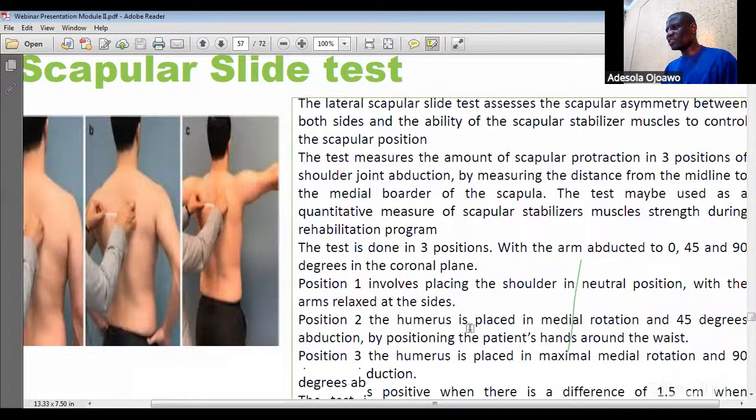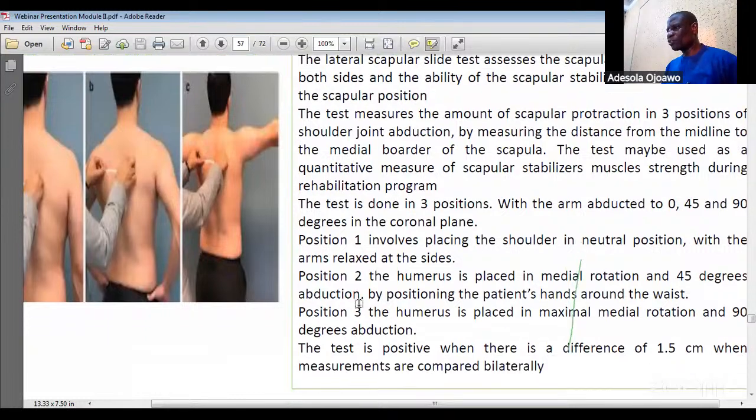Position 2, the humerus is placed in medial rotation. You tell the patient to do medial rotation and 45 degree abduction by positioning the patient's hands around the waist. That's what we are seeing here. Then position 3, the humerus is placed in maximal medial rotation at 90 degrees of abduction.